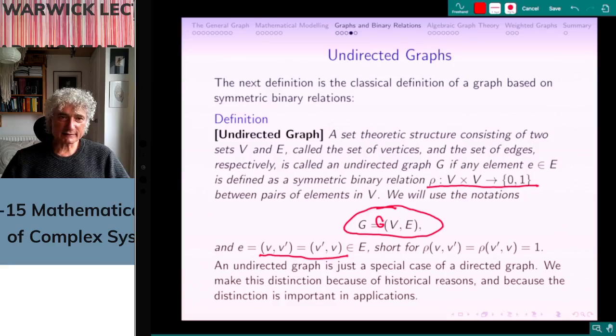Arrows that have no clear direction are called edges in graph theory.